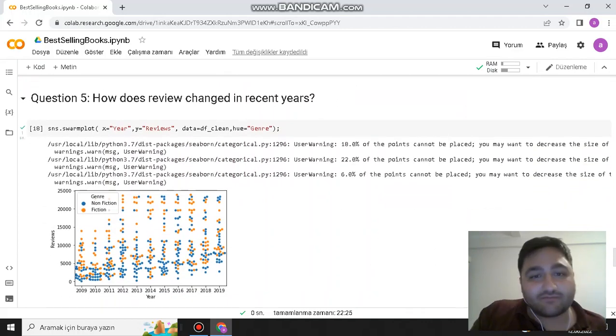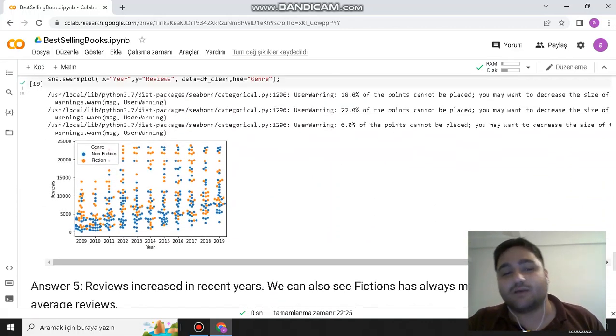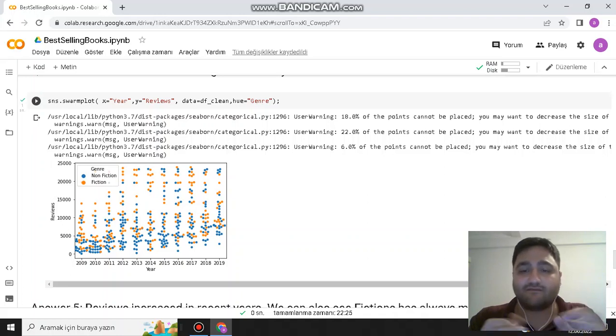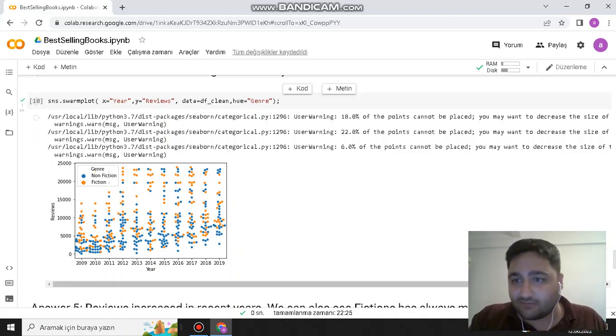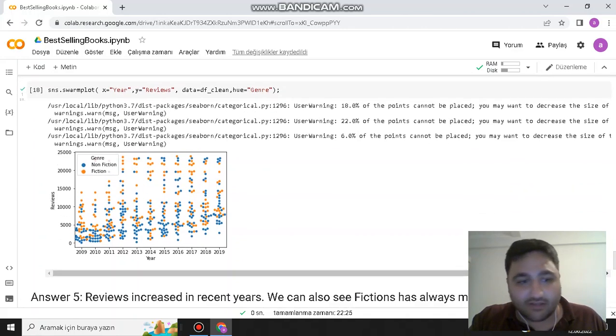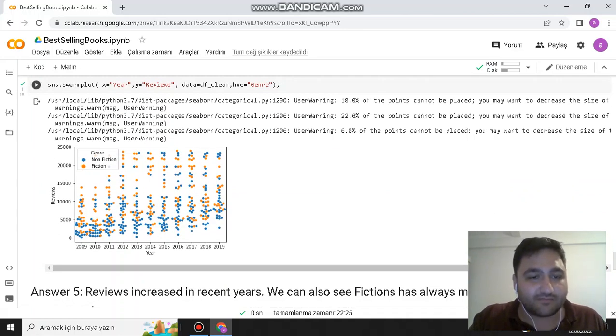How does review change in recent years? I mean, for the best-selling books, there are warnings because they don't have enough free space. But I don't think it must be such a problem, because you can easily see here there's more density in these areas.